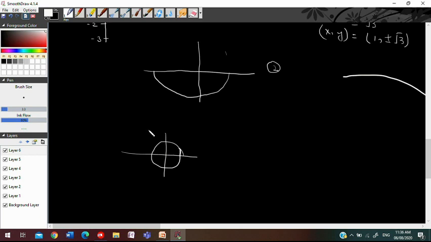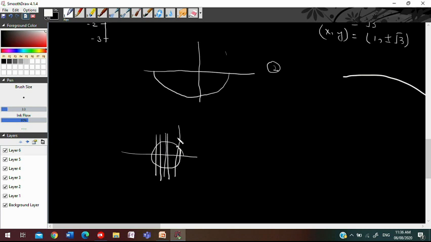Now, the point is whether this graph is a function or not without doing any calculation. So here we are going to apply the vertical line test. Now you drop different vertical lines on this graph, and you can see every single line intersects the graph at two different points.